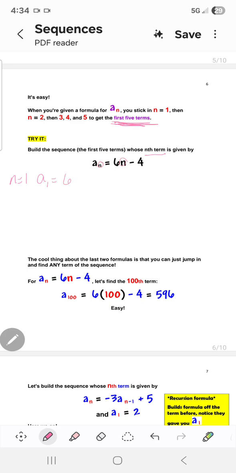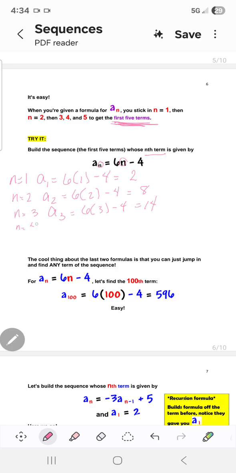So a1 is 6 times 1 minus 4. 2. Now I want the second term. Let n be 2. So 6 times 2 minus 4. 8. Now let's find the third term. 6 times 3 minus 4, 14.